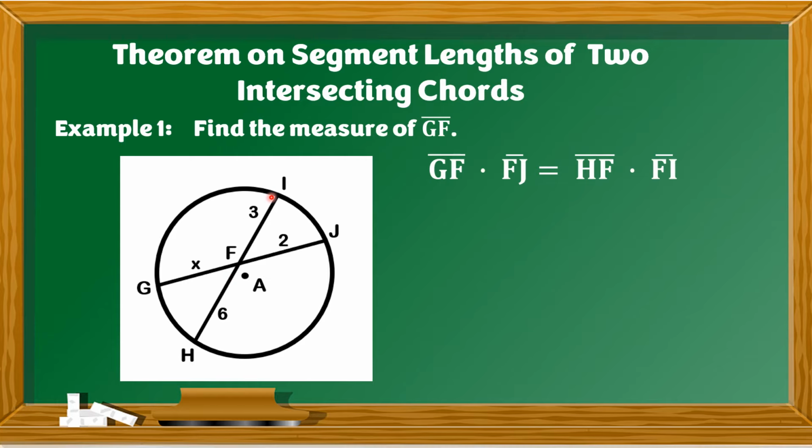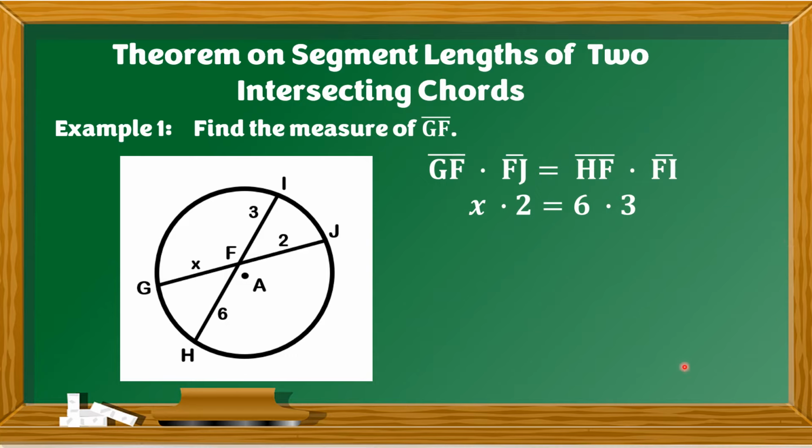Next step is we're going to substitute the values of the given line segments. So GF is X, line segment FJ is 2, line segment HF is 6 and line segment FI is 3.